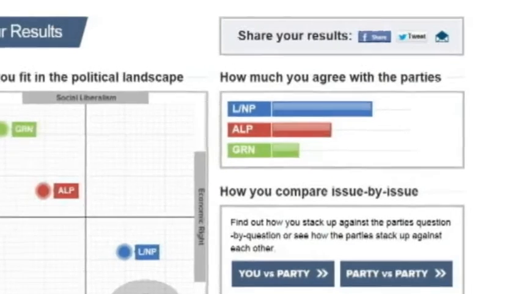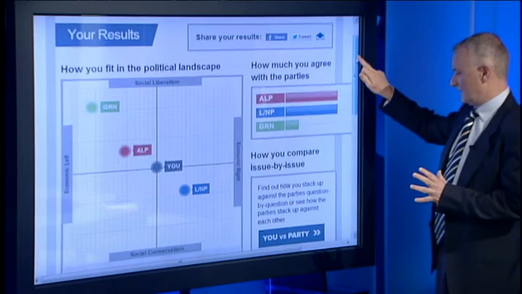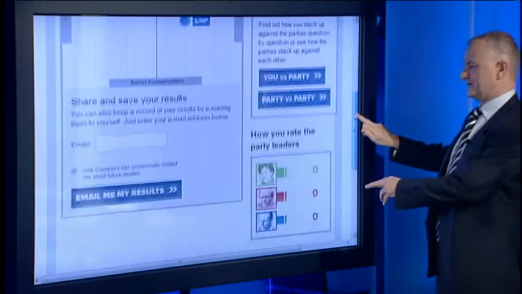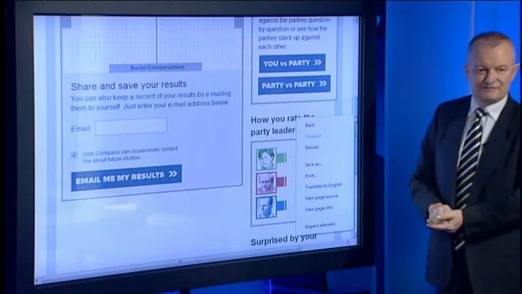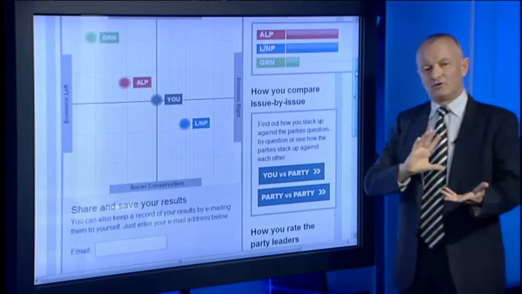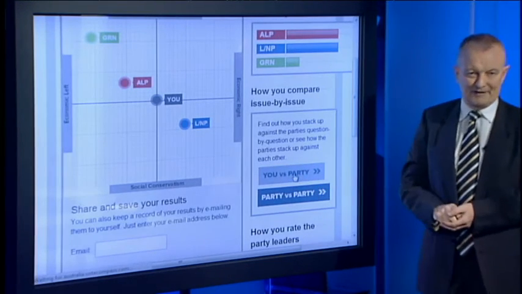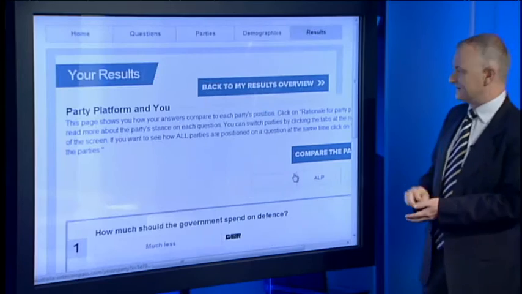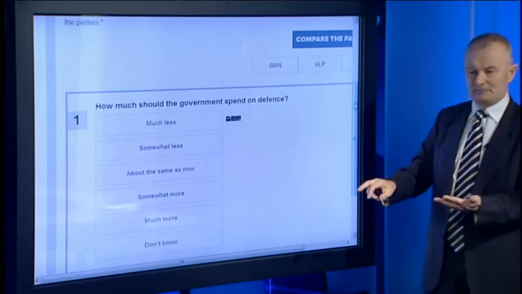You can also see how many of your answers agreed with each of the political parties. And down here further, you can see how you rated the political parties. You can also share your results with friends on Twitter and on Facebook if you're so inclined. And if you really want to delve into the policy issues involved in the questions, if you click on 'you versus the party', it will take you to your answers, and show you what your answer was compared to the political party.